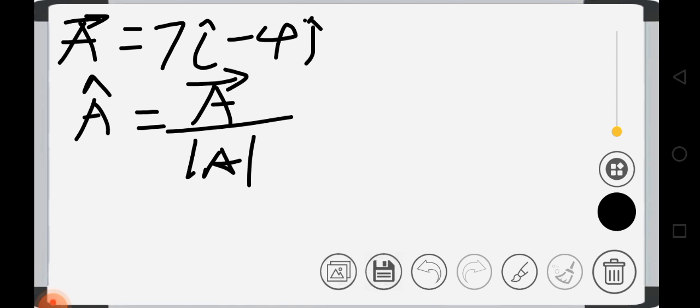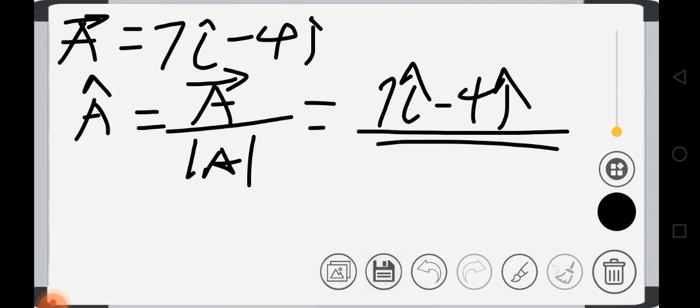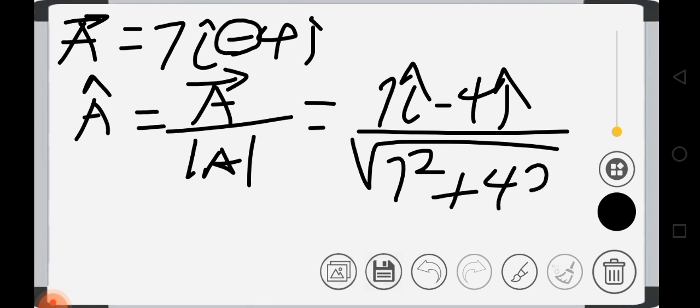Vector A divided by the magnitude of A, which will be equal to 7i minus 4j divided by the magnitude of A. What is the magnitude? 7 squared, and I told you for magnitude we don't use minus, so forget about minus, plus 4 squared. Forget about all these ijk vectors, those are just for directions. So just pick only this and this, like the first magnitude we did.